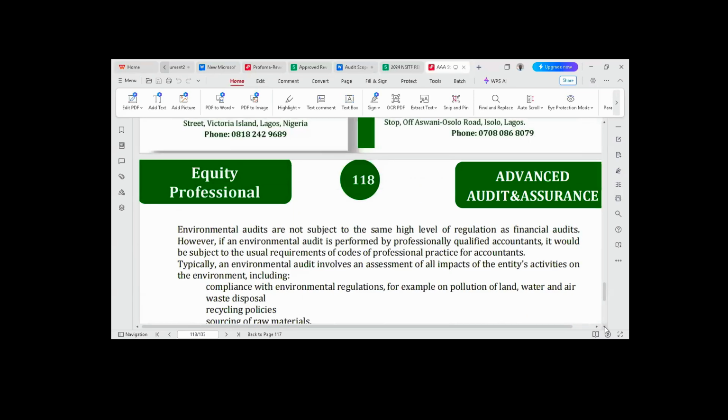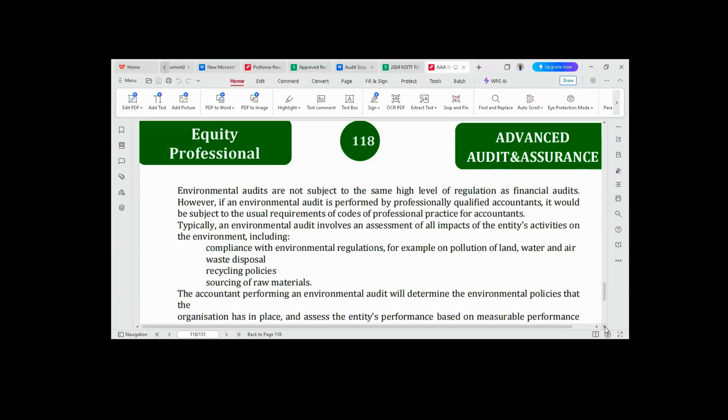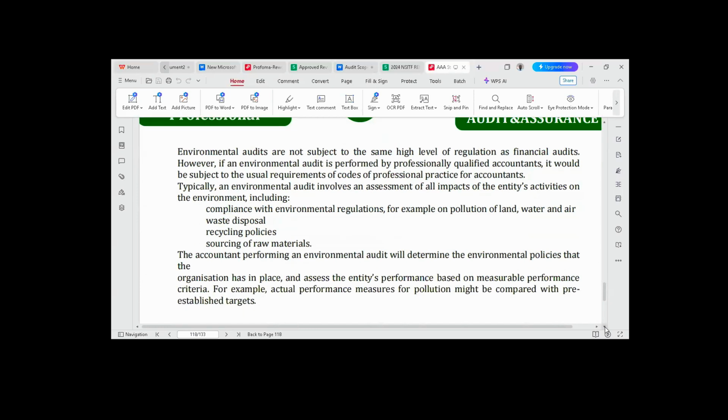Recycle their waste properly. They must comply with environmental regulations. They must ensure they source raw materials that are what? That are environmentally friendly.